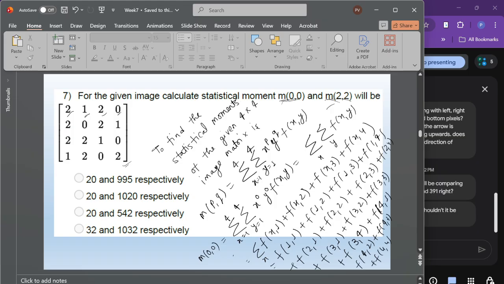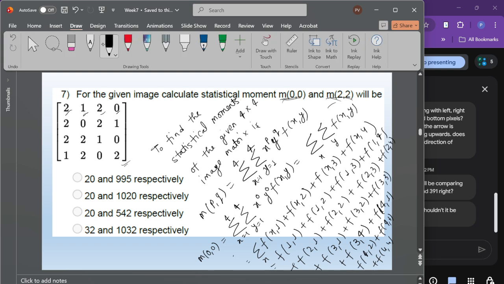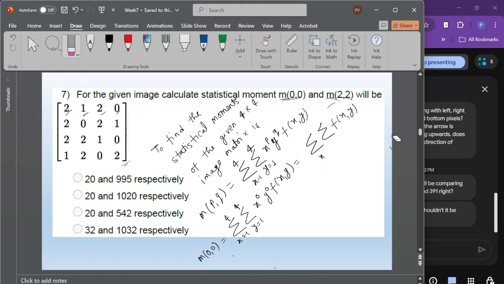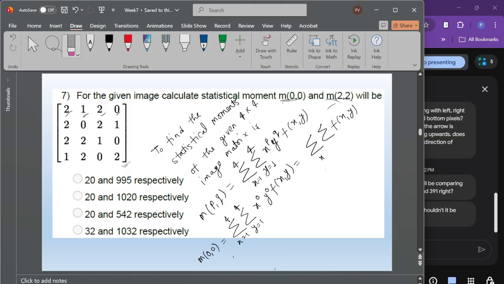Okay. So simply it is an addition of all these values, right? Just showing how we can open this summation. So simple, it is an addition of all the image matrix values for M00, right?